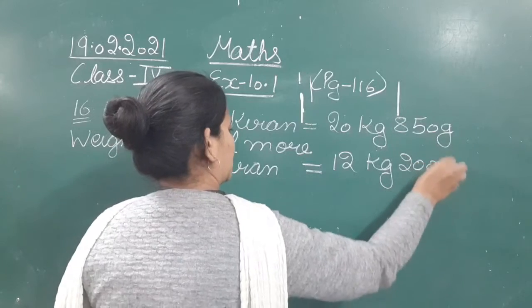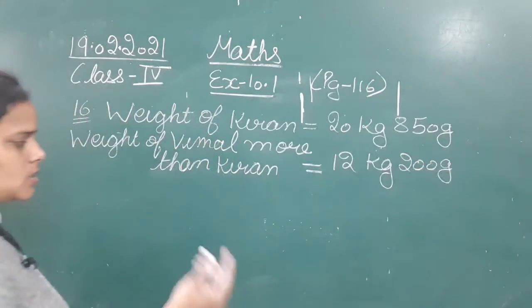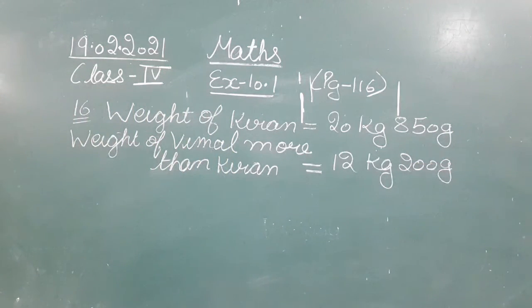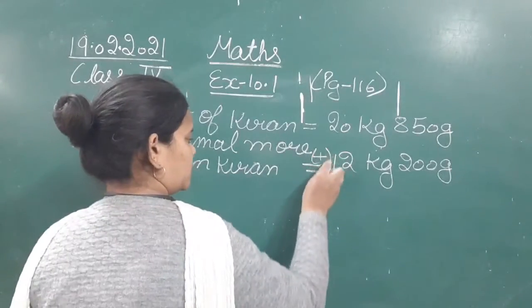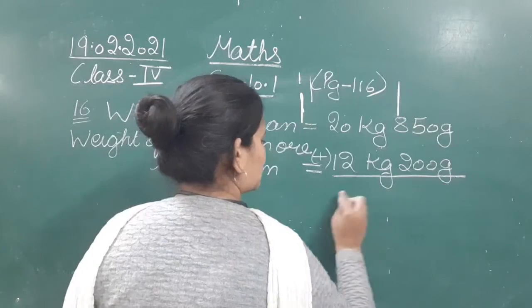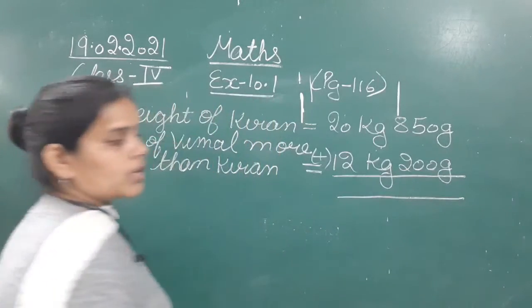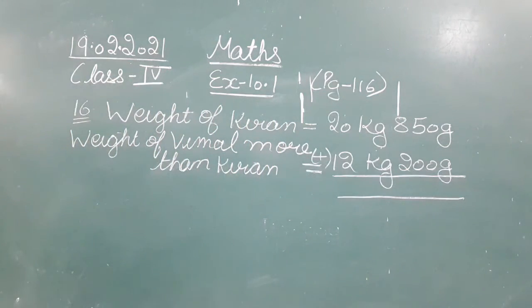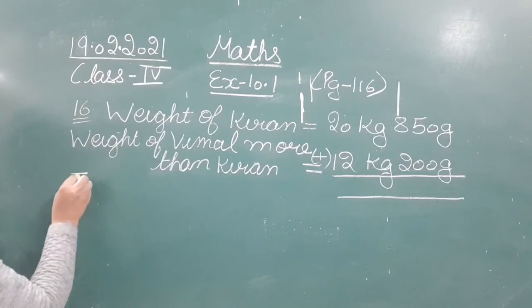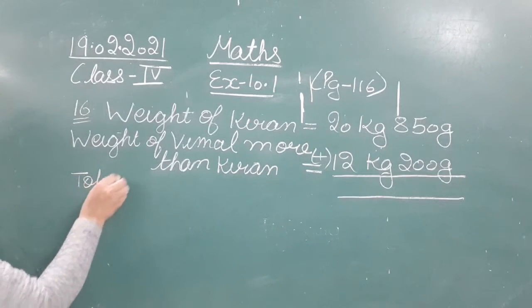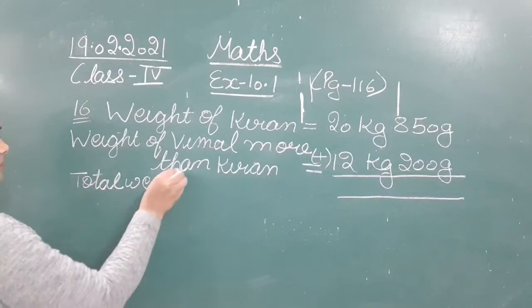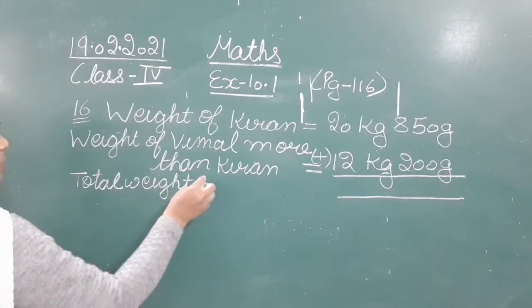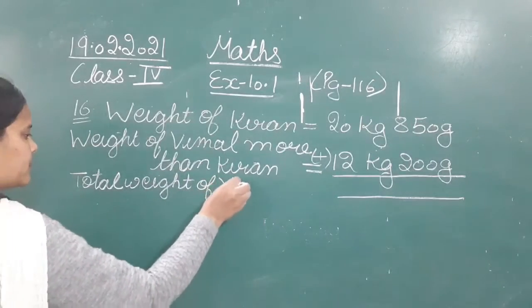So this is the extra weight of Vimal than Kiran. So now after adding them we will get the weight of Vimal. इन दोनों को हम ऐड करके we can calculate the total weight. So Vimal, total weight of Vimal.